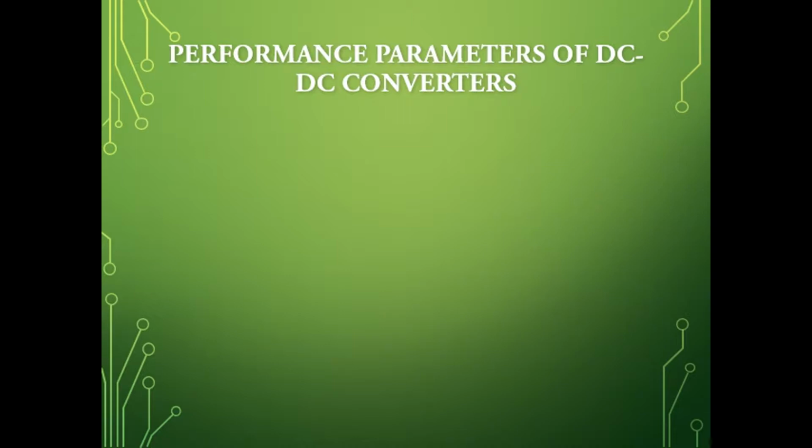Whatever output is obtained, we should see that it is a pure DC without any harmonics or ripples. So we have certain parameters which decide the performance of a DC to DC converter. The first one is the DC output power.